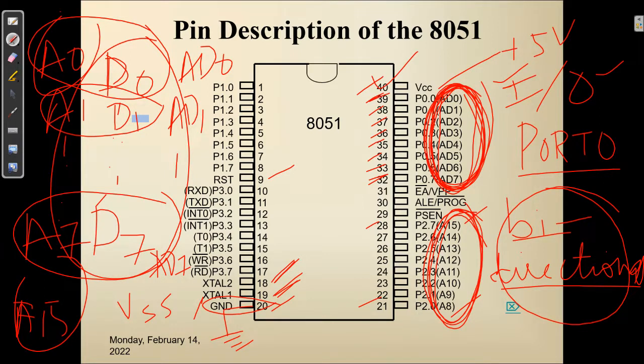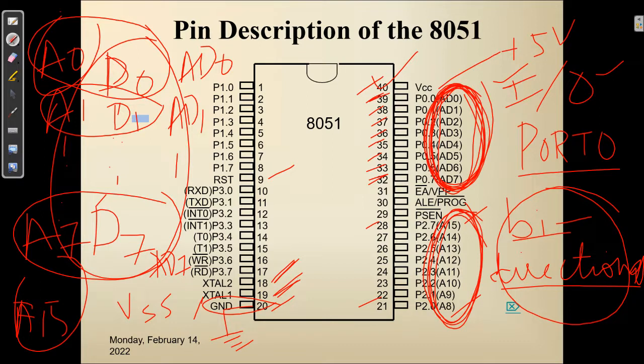Whenever you are accessing, for example, your external ROM, tell me the maximum size of external ROM which you can access. जो हमने ऑलरेडी कर चुके हैं, बताओ. 2 raised to 16 is equals to, very good, 64K. To access your 64K, you have to use all the 16 bits of address, that is A0 to A15.